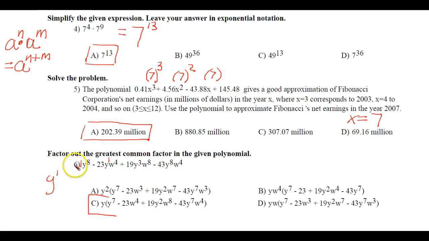Now, while we're on this, we might ask, what is the degree of this expression? Well, we find the degree by looking at the greatest number of exponents on the variables. Here it would be 8. Here this is 5.